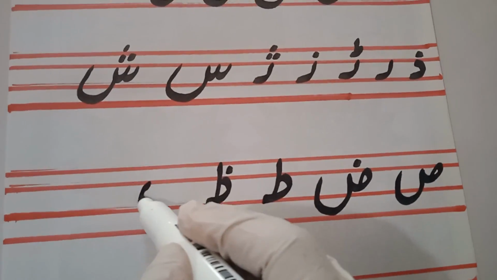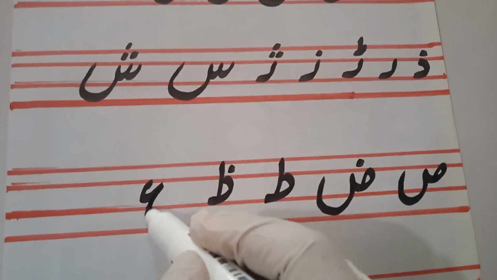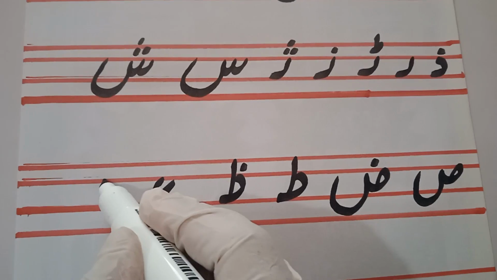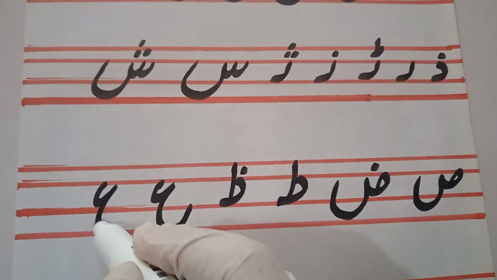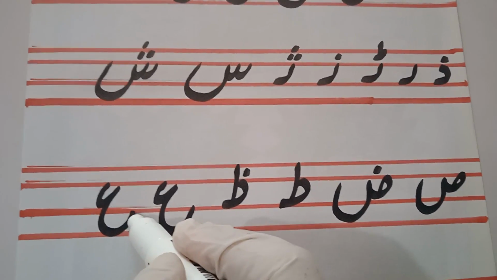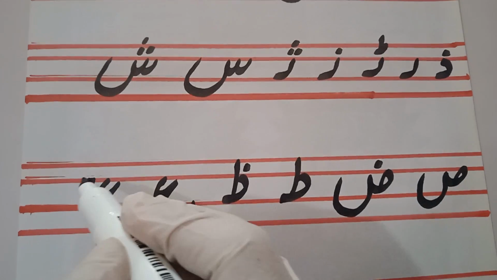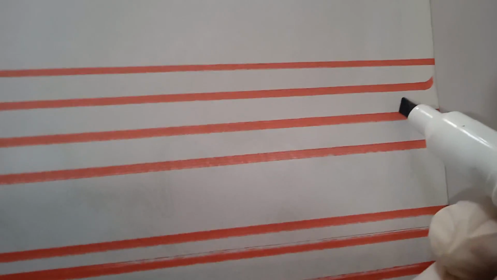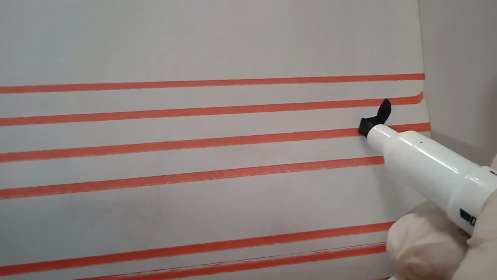Ain in lower 3 lines. Ghain in lower 3 lines. Next word is Fe, middle 2 lines.